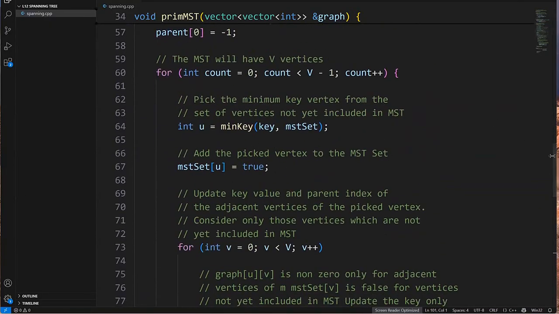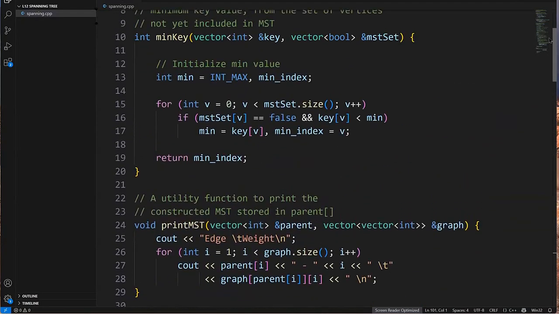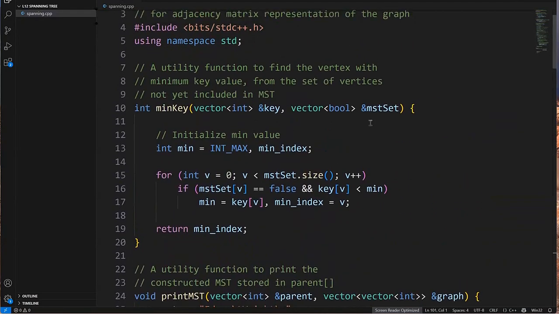So you call min key. You go to the min key with the set condition of which node is included and which node is not included. Basically, you go to every node again and make sure which node is not included yet. For those not included yet, you try to find the node V that is less than minimum.